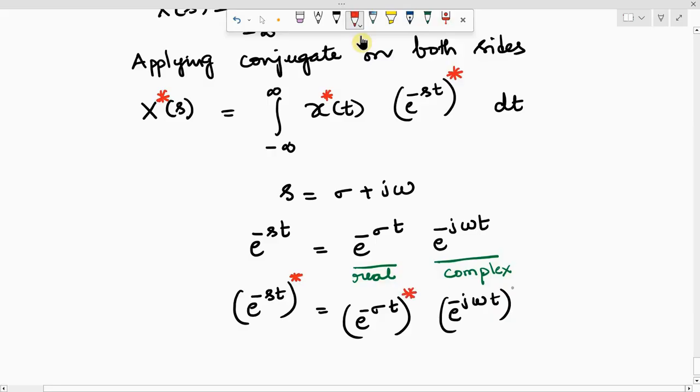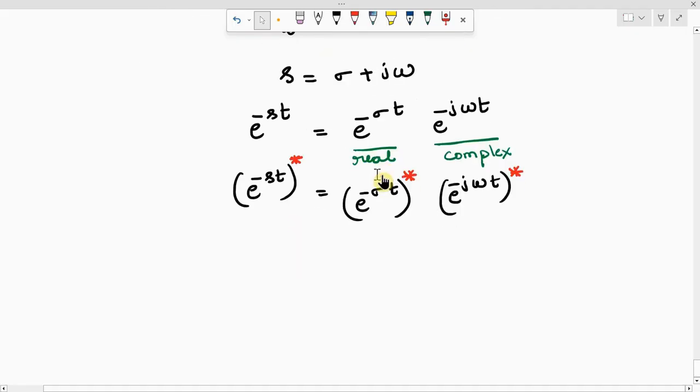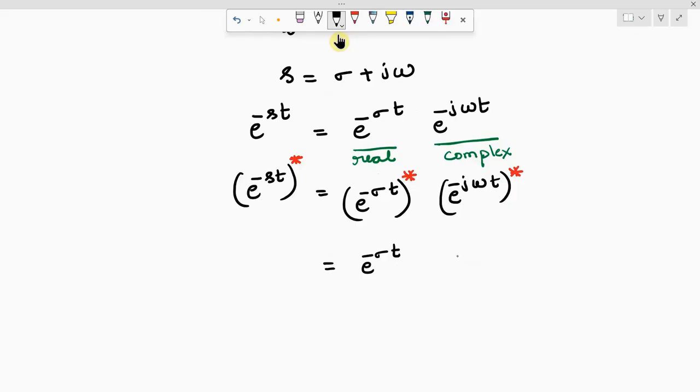Since the first one is a real exponential, it remains as it is. The second one is a complex exponential. What is the answer if we apply the conjugate? E power of j omega t.